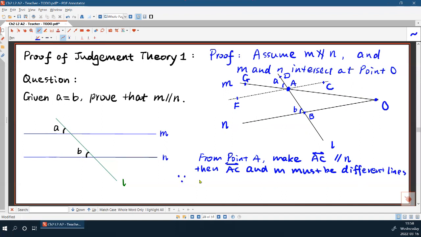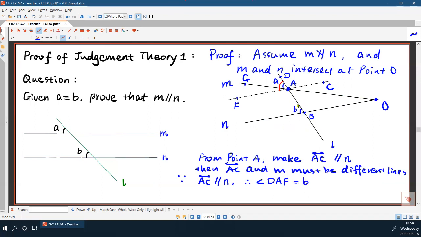And because line AC is parallel to N, then we have angle DAF, which is angle here, right? Angle DAF must equal angle B, right?